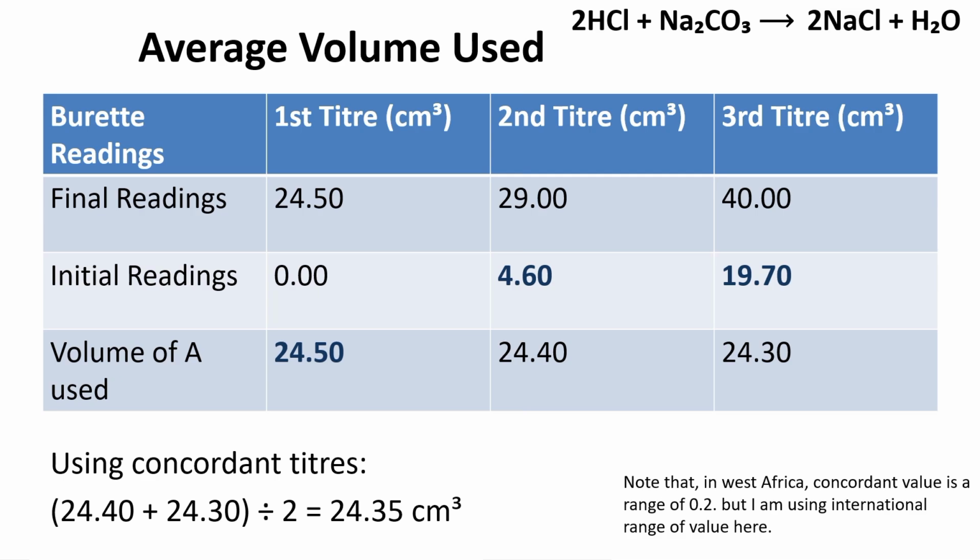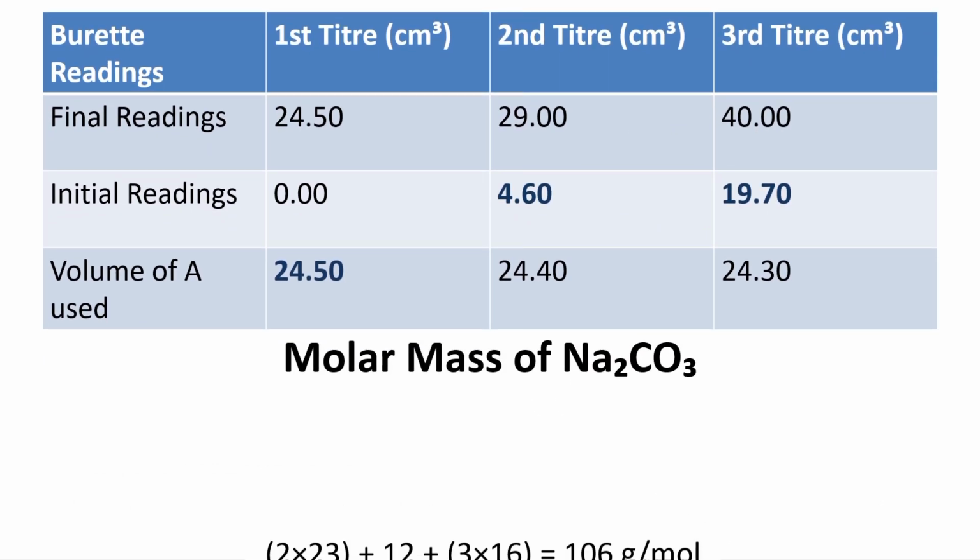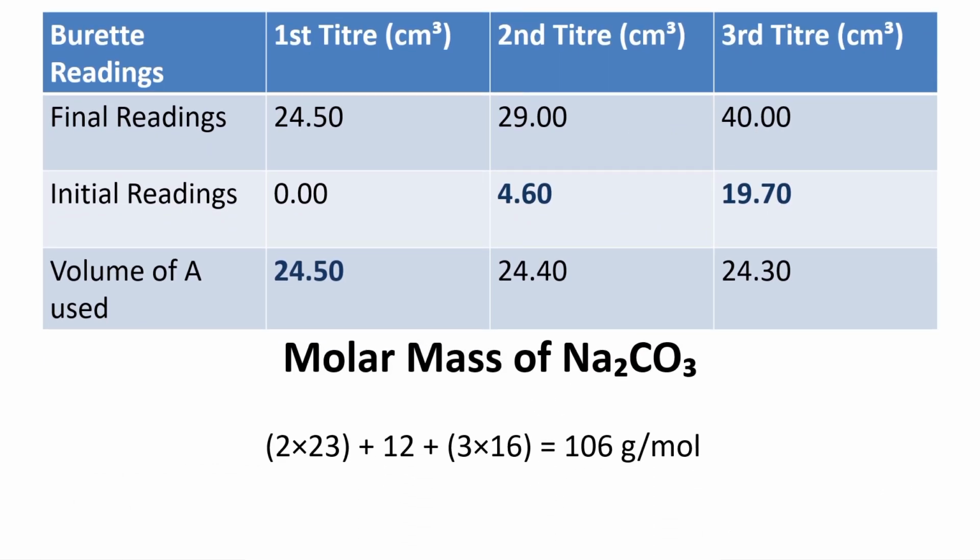2. Relative molecular mass of Na2CO3 using atomic masses. 2 times 23 for sodium, plus 1 times 12 for carbon, plus 3 times 16 for oxygen, equals 46 plus 12 plus 48, which is equal to 106 gram per mole. 3. Concentration of solution B in mole per dm cube.